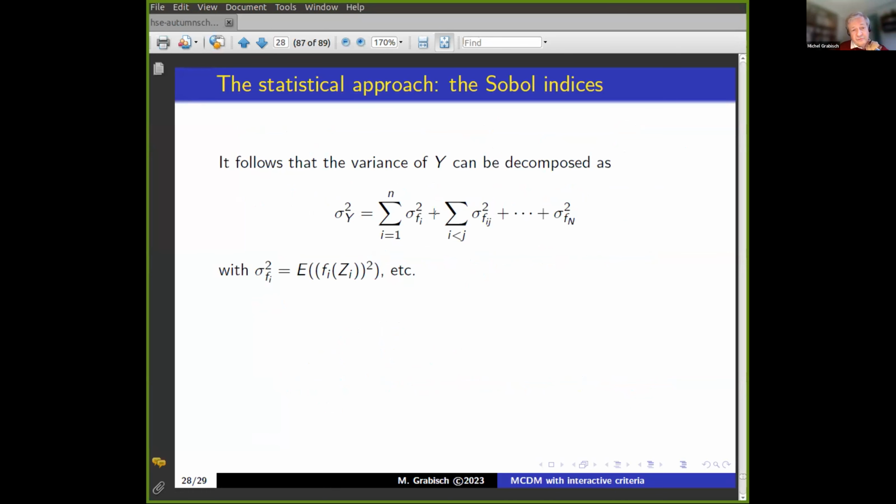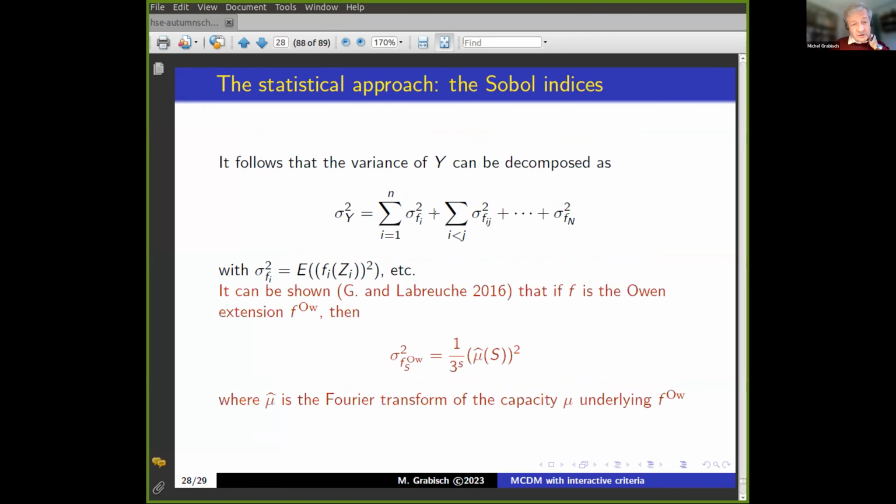Looking at this, it seems to have no relation with our previous stories. But what is very surprising is the following. Take as function f, the small f, so the multivariate function, take the multilinear extension. And then compute all these Sobol indices, the variances, okay?